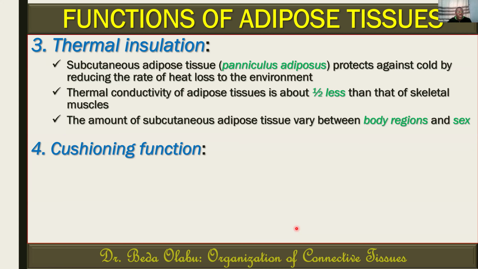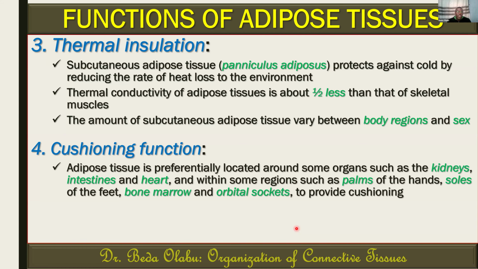Fourth key function of adipose tissue is the cushioning function. Adipose tissue is preferentially located around some organs, such as the kidneys. They're surrounded by a lot of fat. Intestines: the fat around the intestines is basically attached in something called the mesentery and the omentum.